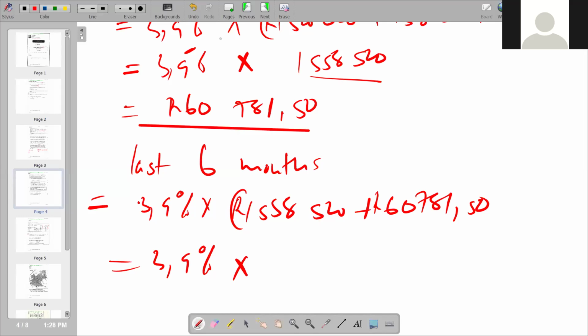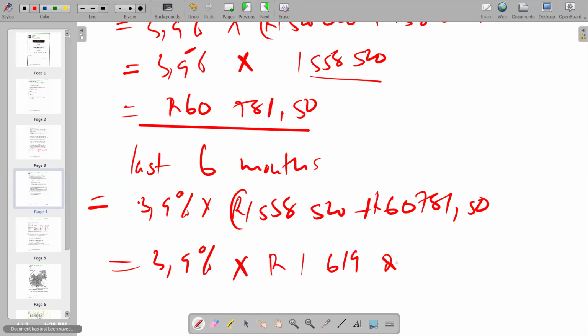So obviously we need to add 1,558,500 plus 60,781.50. And then the total becomes 1,619,281.50.